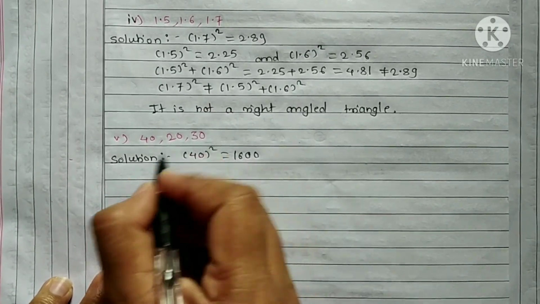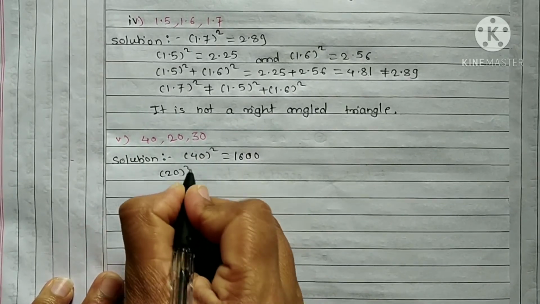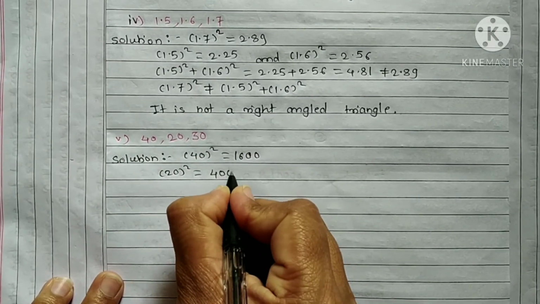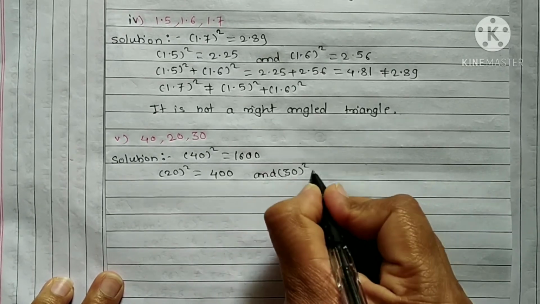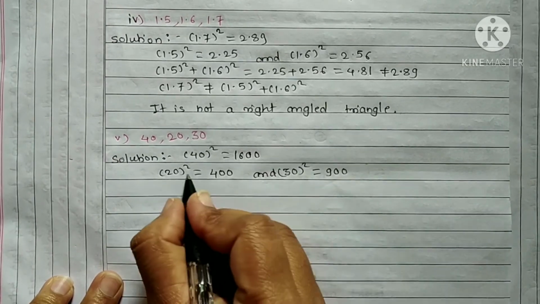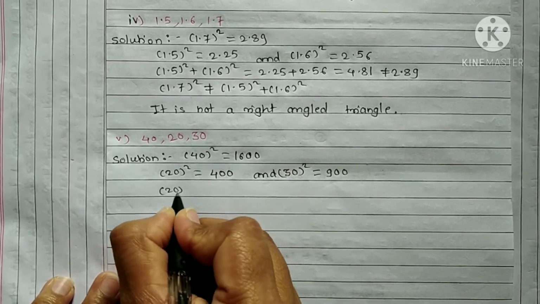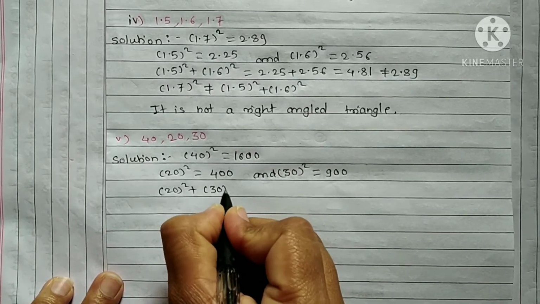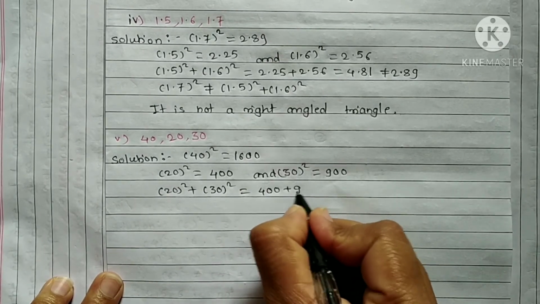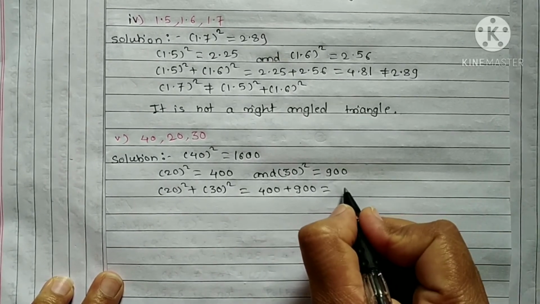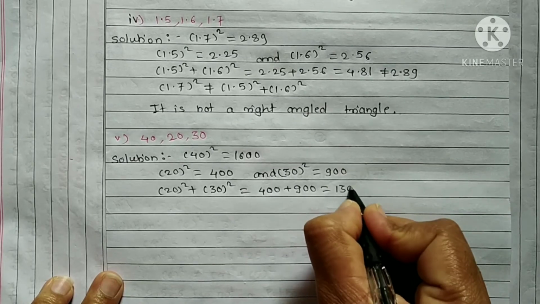Now the square of the other two numbers, that is 20 square equal to 400 and 30 square equal to 900. Now add these two numbers, that is 20 square plus 30 square, which is 400 plus 900. After addition you get 1300.